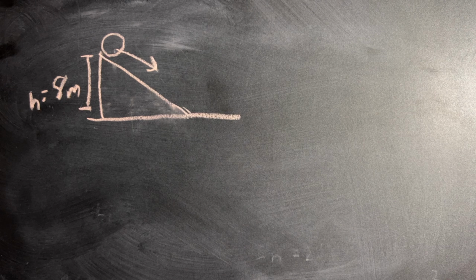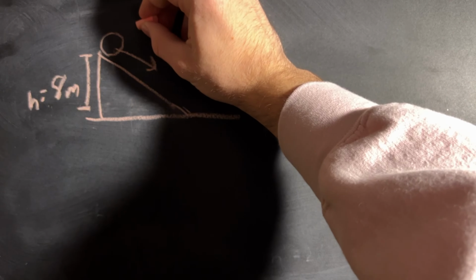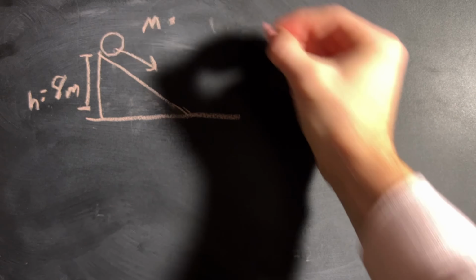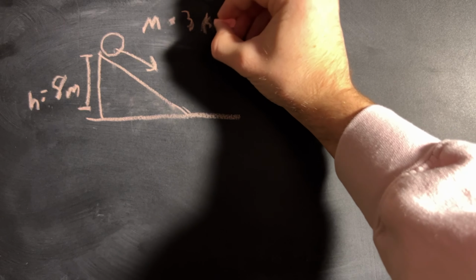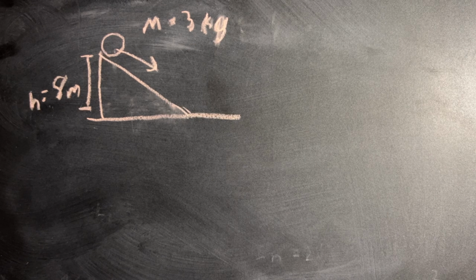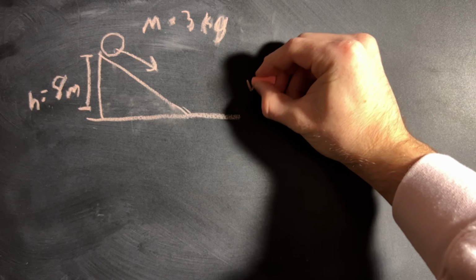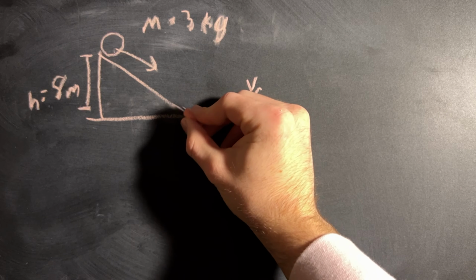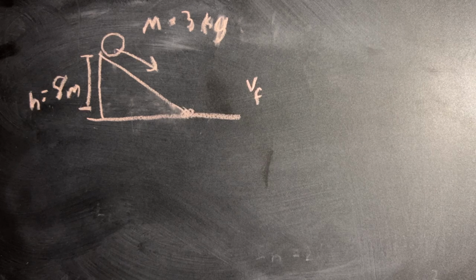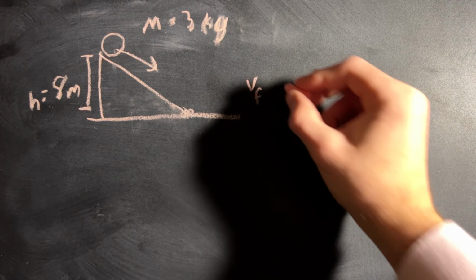Now, this sphere has a mass of 3 kilograms. Now, what we're going to be solving for is the velocity final at the end of this inclined plane. So right at the end there.